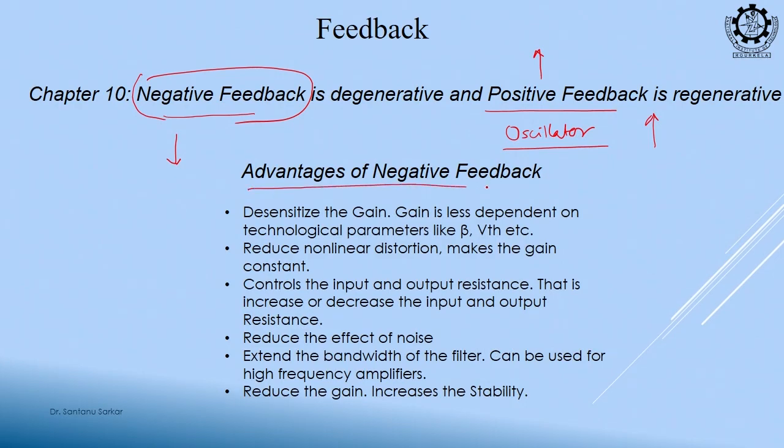We all know that there are certain advantages of negative feedback that we have also seen in the source degeneration amplifier. What is the advantage? One is that the gain is a little bit reduced, it becomes more stabilized, and the dependency on beta or gm is reduced. So, what is the meaning? This negative feedback desensitizes, our sensitivity is a little bit reduced, because beta or gm are technology parameters.